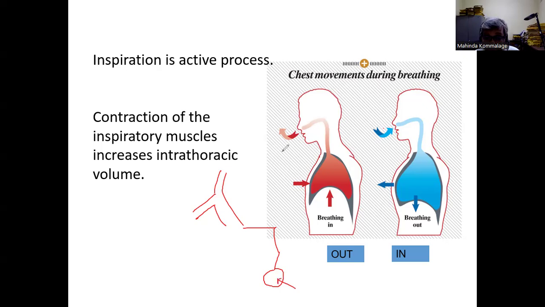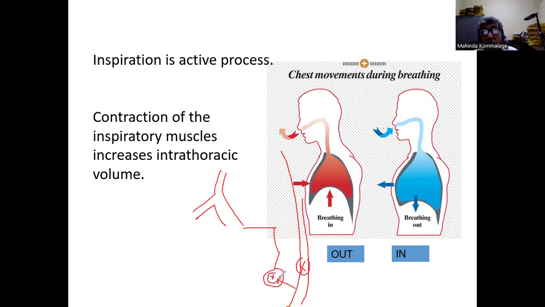So outside this whole lung, we have the interpleural space, right? So when we think about the volume increase, of course, pressure should change, or basically reduce. So we use pressure in two places. One is interpleural pressure and the other is intra-alveolar pressure, right?